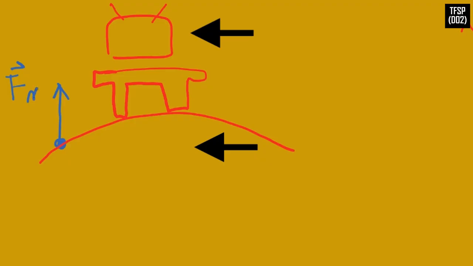First, let's consider the TV of mass m and the earth. FME is the force exerted by the TV on the earth.